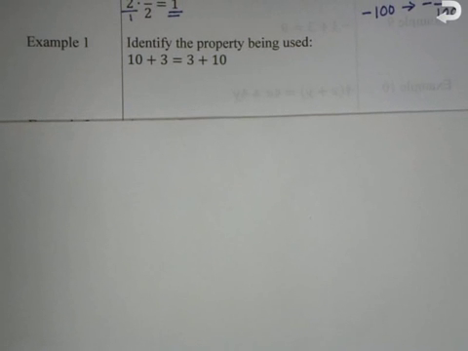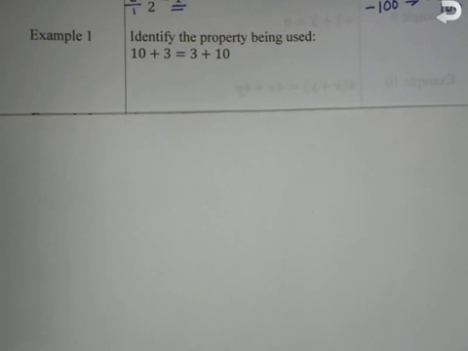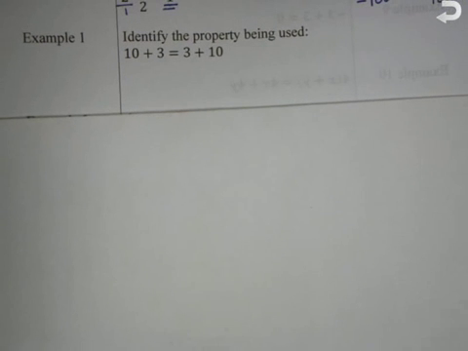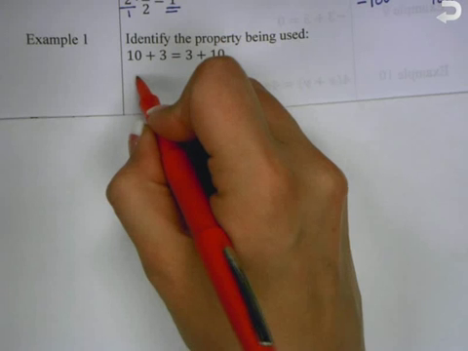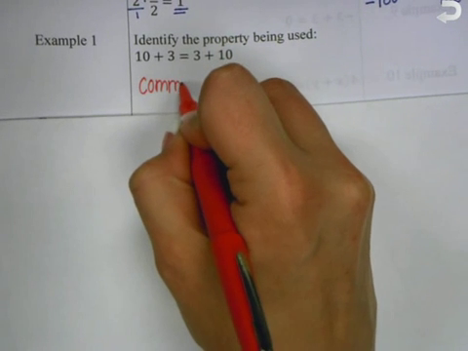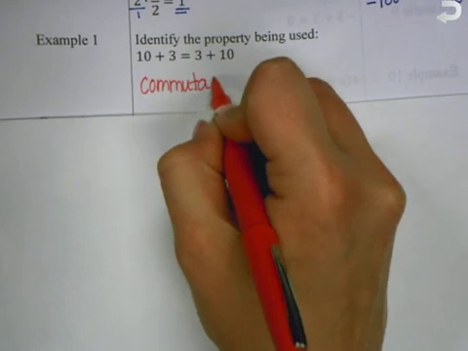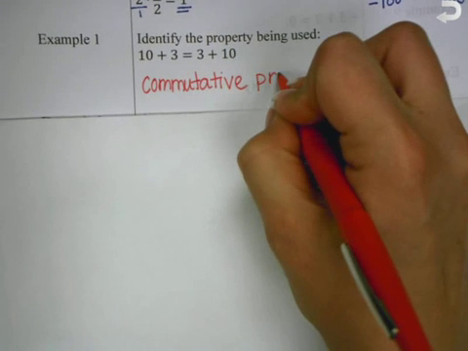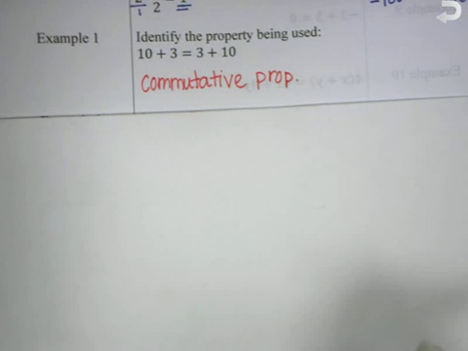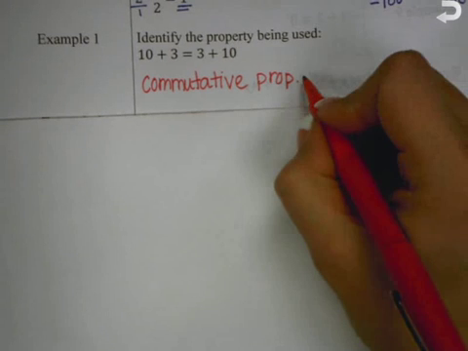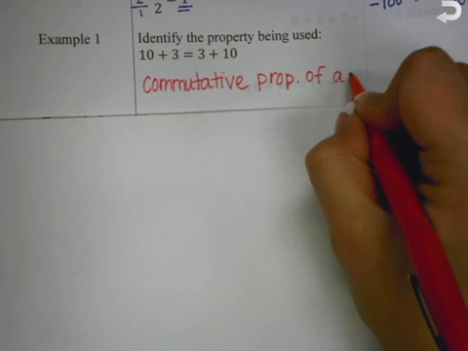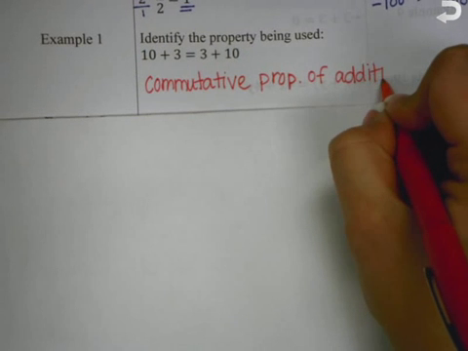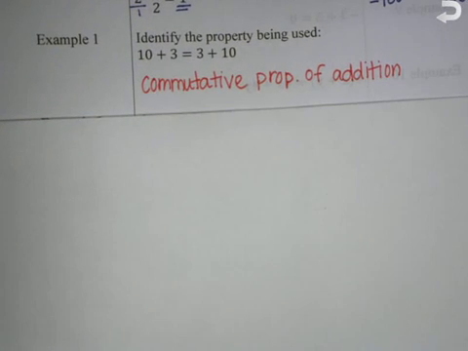Good, because we're changing the order. It's the commutative property of what? What are we doing? Are we adding or multiplying? Adding. So it would be the commutative property of addition. Yes. You need to specify if it is addition or multiplication. That's all you need to do.